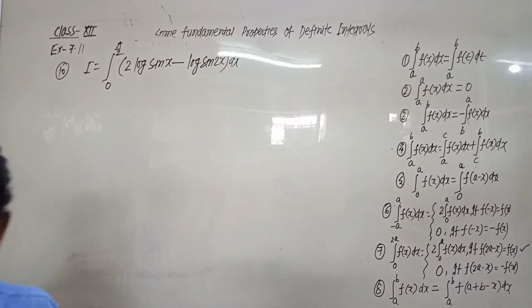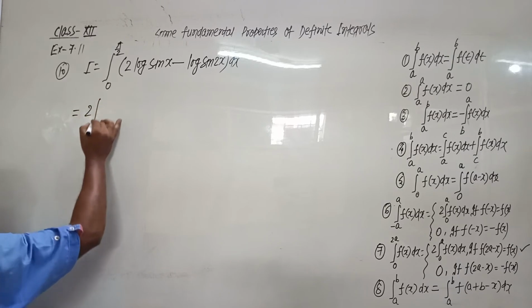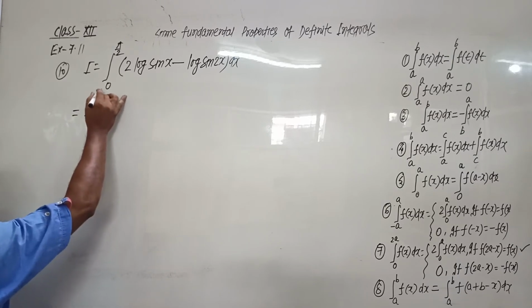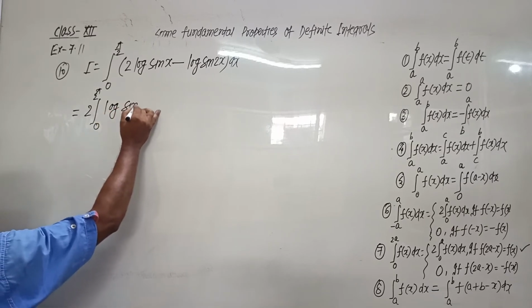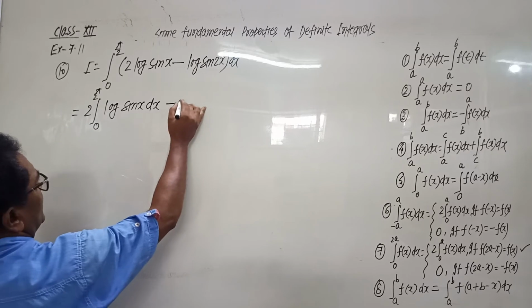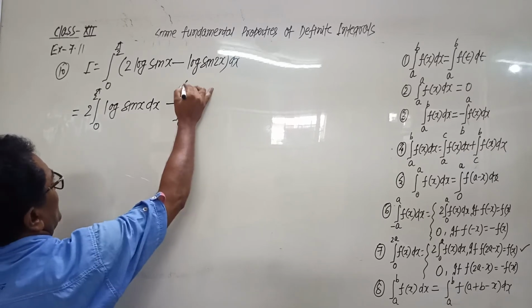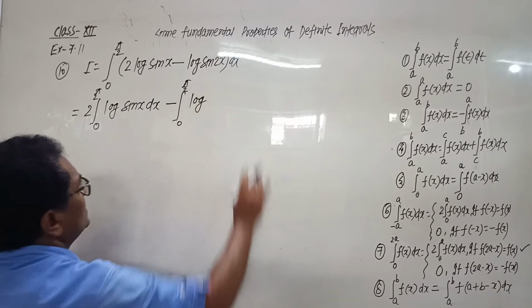So firstly we remove the bracket, we separate the terms. So 2 is the constant term taken outside, limit 0 to pi by 2 and log sin x dx minus integration 0 to pi by 2 and log sin 2x.